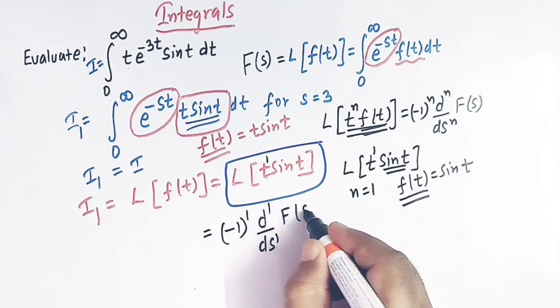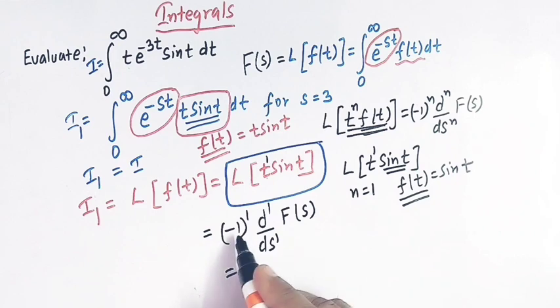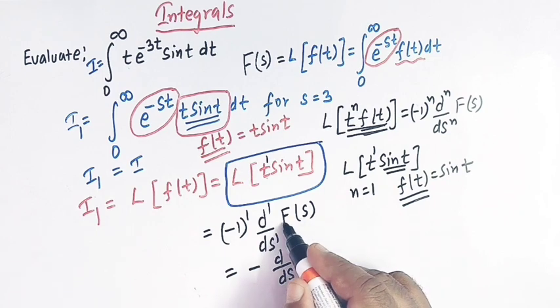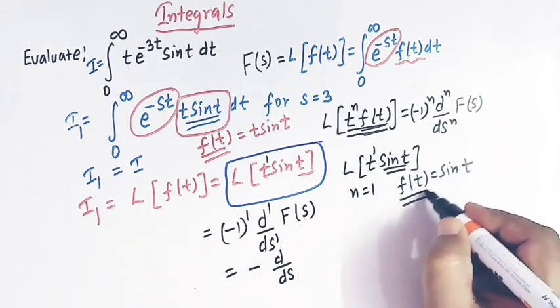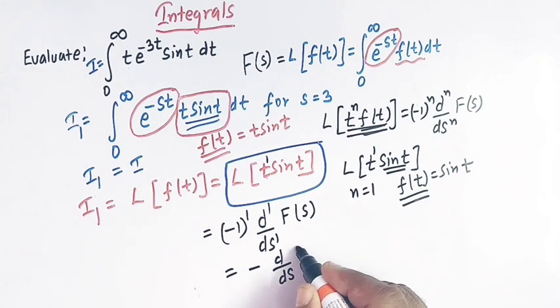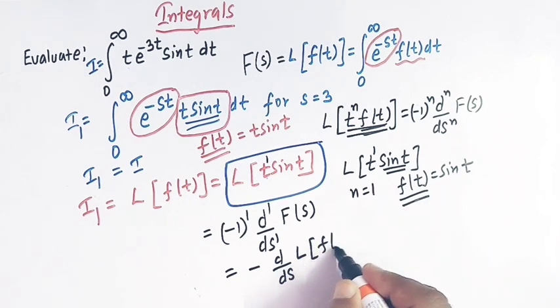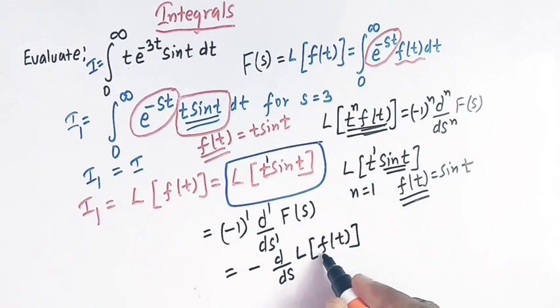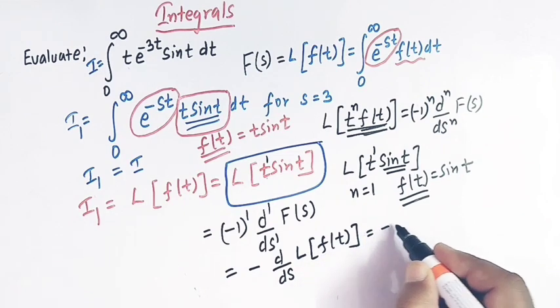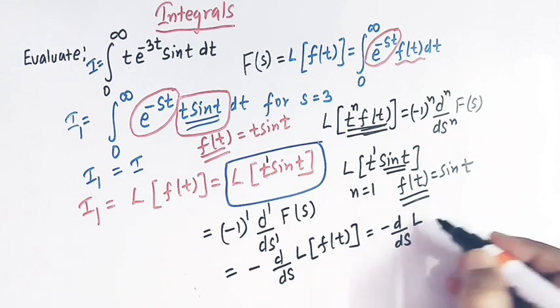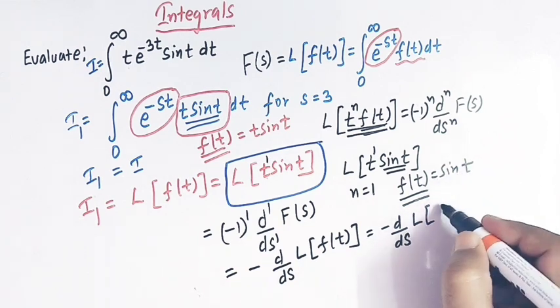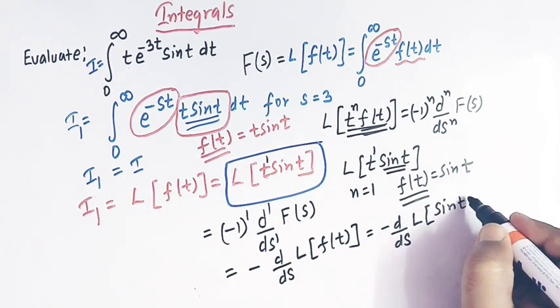So we have f of s, so minus 1 raised to 1 is minus 1, so we have d by ds of f of s, and f of s is the Laplace transform of f of t. It implies that we have to find the Laplace transform of sine of t, right?